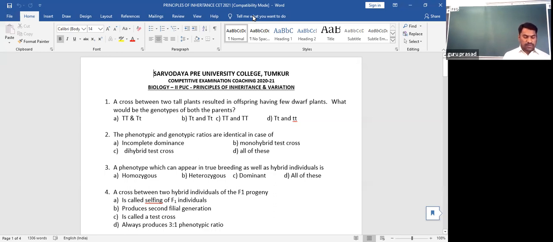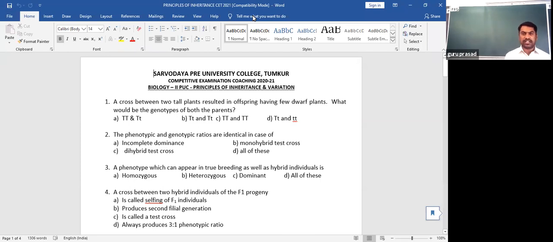From there onwards, you should be familiar with the different types of experiments or crosses done by Mendel. That is the monohybrid cross, single gene inheritance, and the dihybrid cross, two gene inheritance, followed by the test cross for both monohybrid and dihybrid.